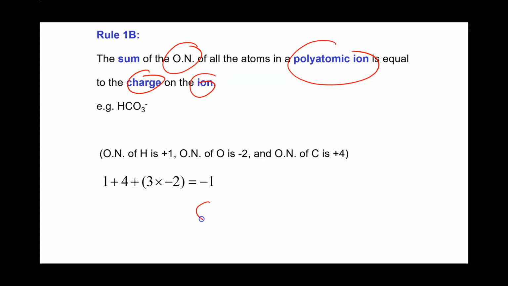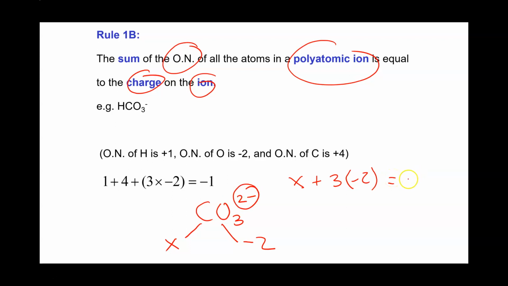So if I have something like CO3 2-, and I know that the oxidation number of the oxygen is -2, but I don't know the oxidation number of the carbon, then I can solve for this because I will go x plus 3 lots of -2, and instead of this time it adding up to 0, it has to add up to the charge on the ion, which is -2. So x minus 6 equals -2, x equals +4.